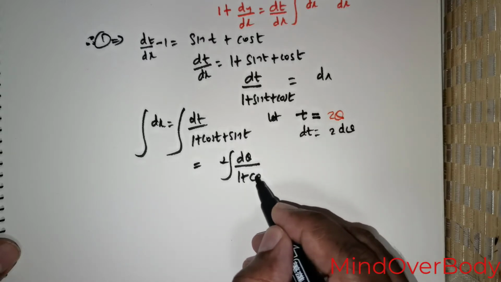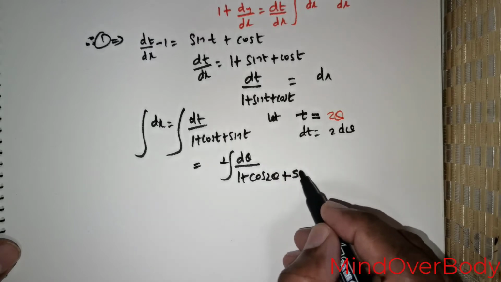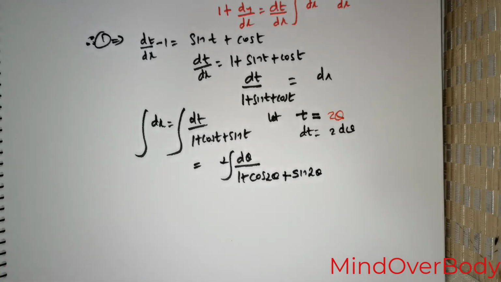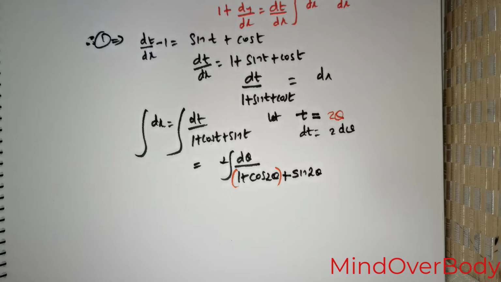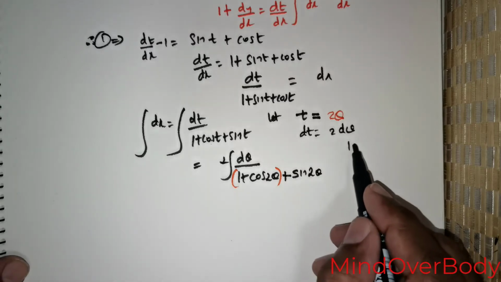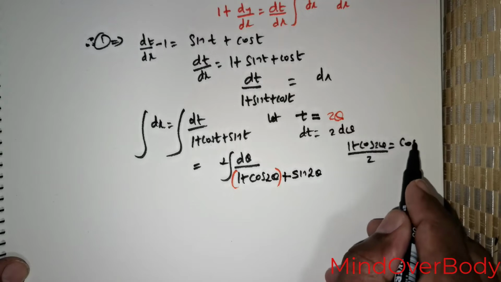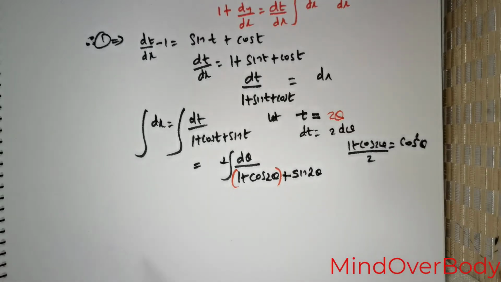T is 2 theta, so it's going to be cos of 2 theta + sine t, and sine t is sine of 2 theta. Now why did I place cos t? Because you would be in a position to see that there is a formula there. What is the formula? The formula is (1 + cos 2 theta) divided by 2 is equal to cos squared theta. So I exactly wanted you to see that.